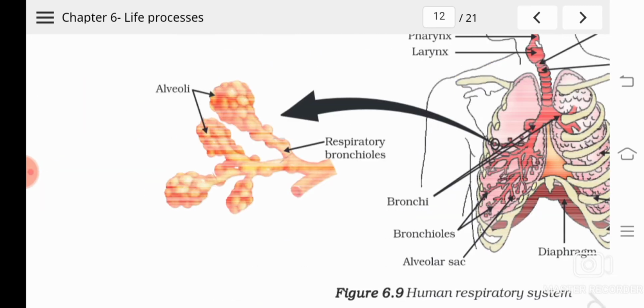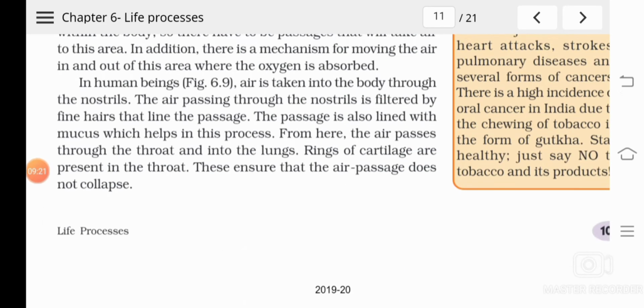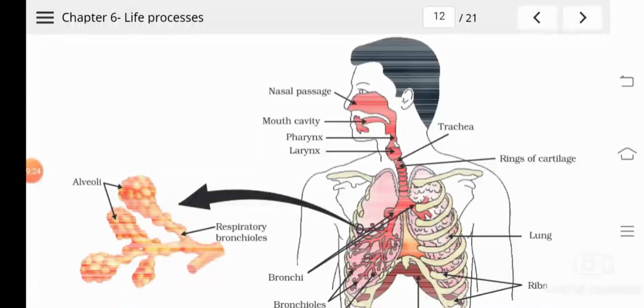The air will be taken in through the nostrils, and the nostrils have hairs and mucus that help in filtering the germs entering the respiratory system. So that is one kind of defense.